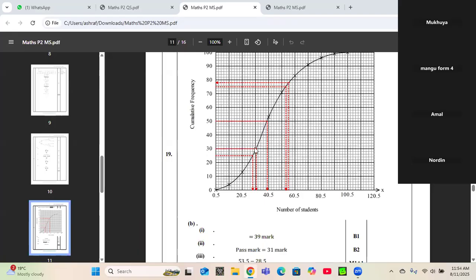So that is 31. For you to get the pass mark, if 70% are to pass, then it means 30% are to fail. So below 30% may fail, above 30% have passed. So you get the mark corresponding to 30%.